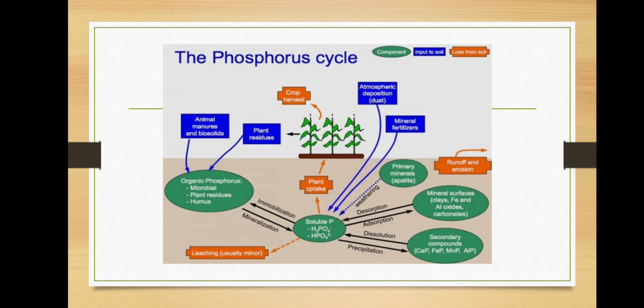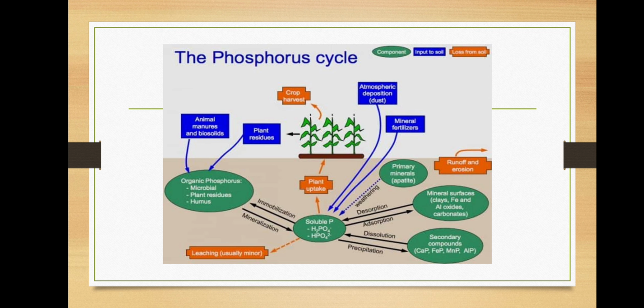They will detach, desorption occurs, and it will be released into the soil. And sometimes these minerals will absorb the phosphorus also. Some of the secondary compounds like calcium phosphate, iron phosphate, manganese phosphate, and aluminum phosphate will dissolve and release phosphorus to the soil, and sometimes it will precipitate also. All this occurs in the soil in a continuous manner.